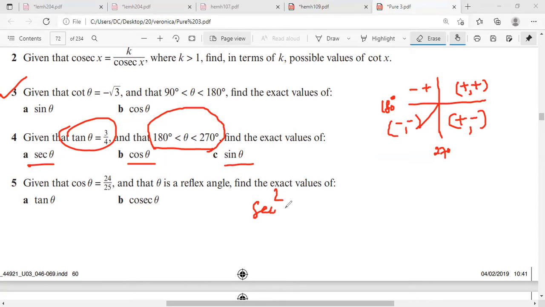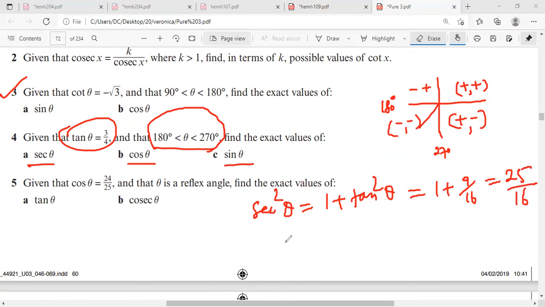We can say sec square theta is equal to 1 plus tan square theta. And 1 plus tan square theta means 1 plus, tan theta is given 3 by 4, and the square of this would be 9 by 16. And this will be 25 by 16.